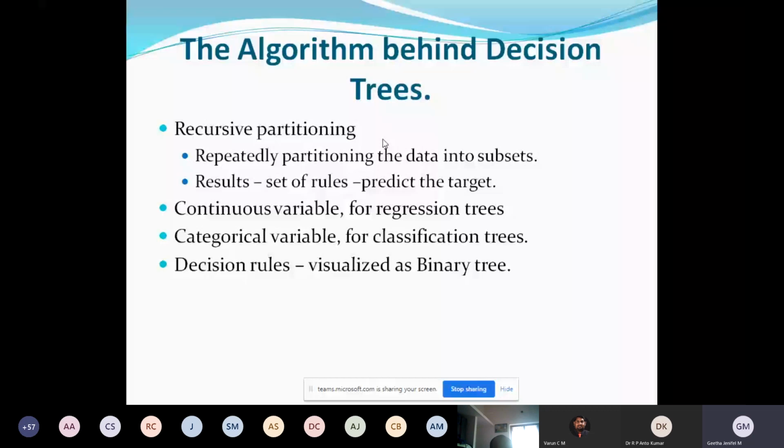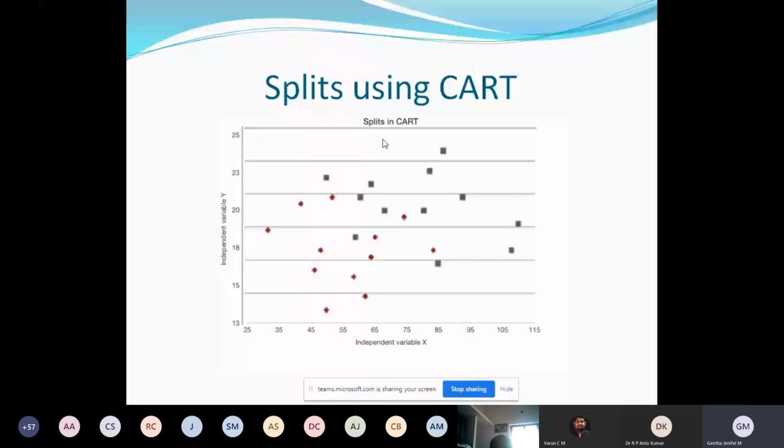The next one is a diagram, a plot. This plot shows us sample data for two independent variables, one is X, another one is Y. Each data point in this plot is colored red or gray. So this is an example for classification.